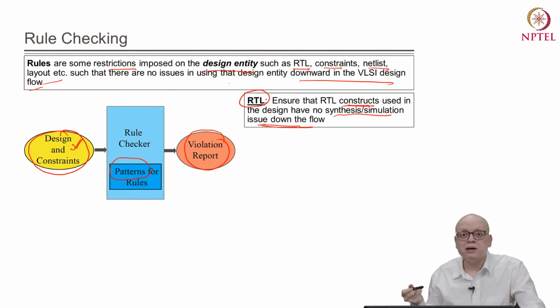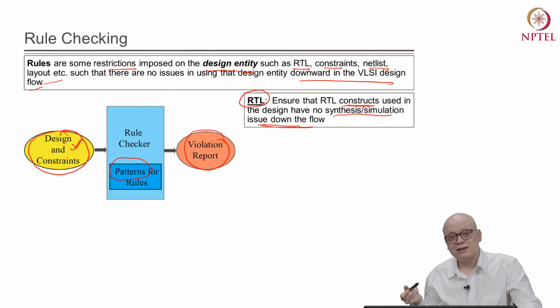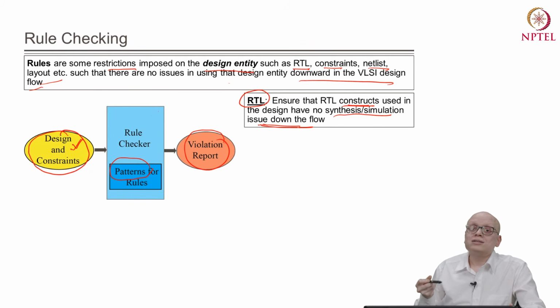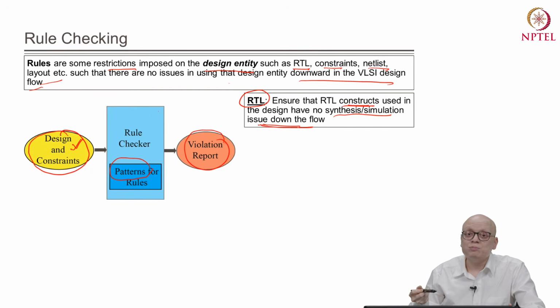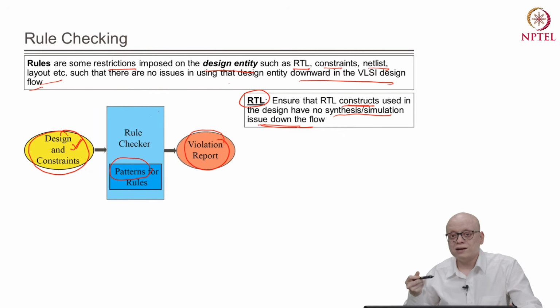The language may allow some constructs, but those constructs may be flagged by the RTL rule checker, because they can cause problems later down the flow, maybe a simulation synthesis mismatch or a similar kind of problem. So, these rule checkers are more restrictive than what is allowed by a given hardware description language.